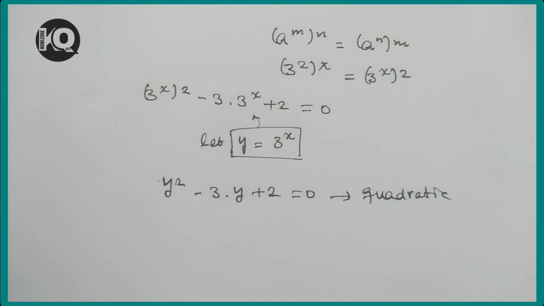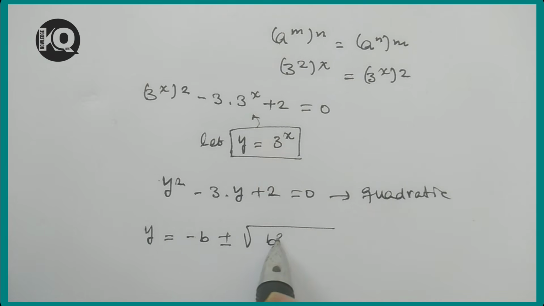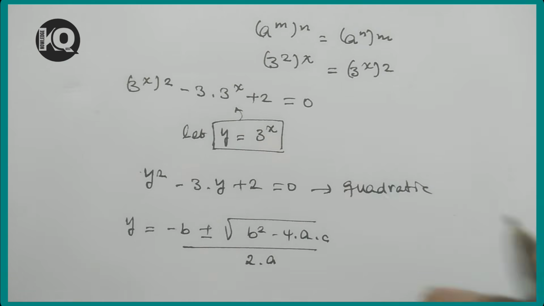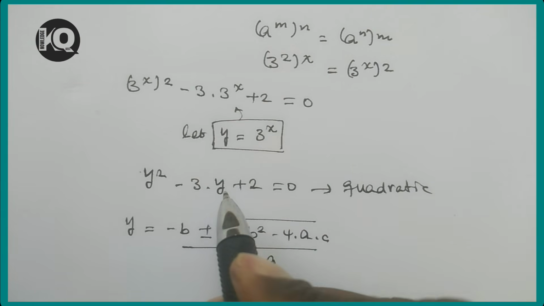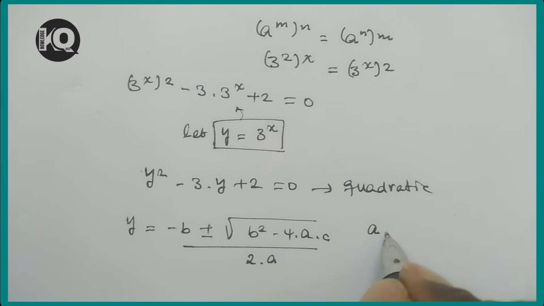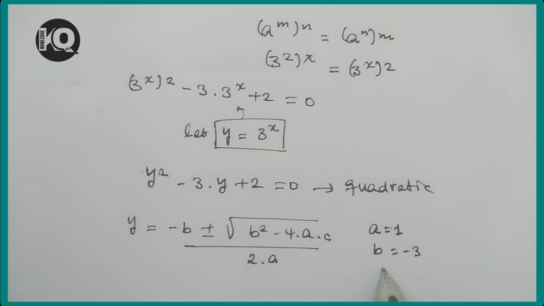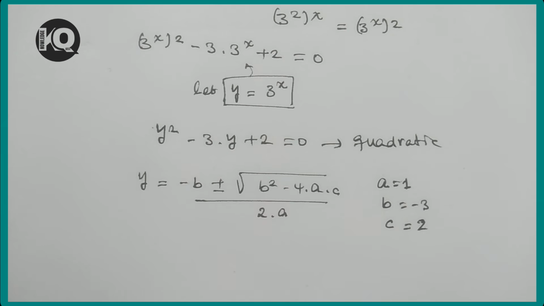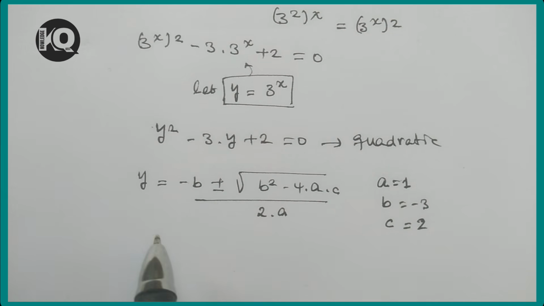We can solve this equation by using the quadratic formula, y equals minus b plus or minus the square root of b squared minus 4ac, divided by 2a. Now let's identify the coefficients: a equals 1, b equals minus 3, and c equals 2.